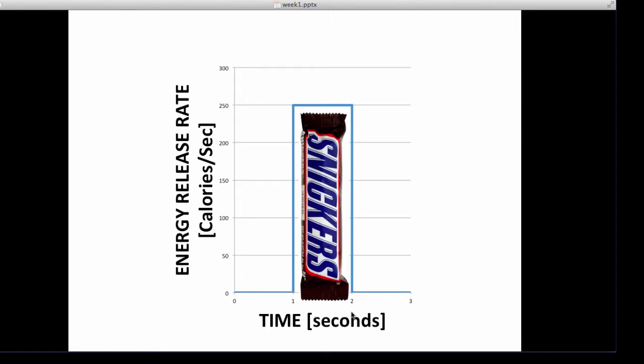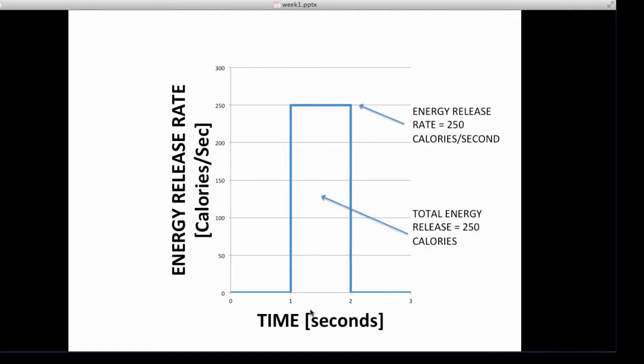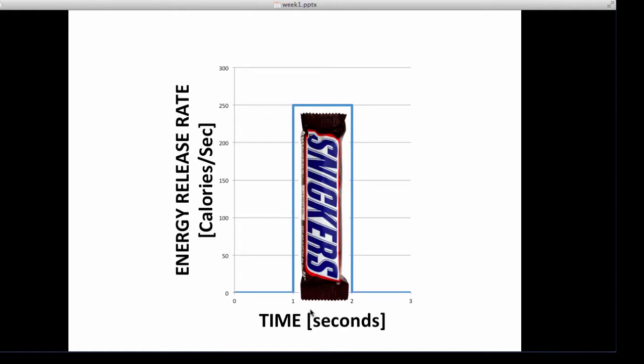If we have, say, a very greedy person who decides to eat this Snickers bar over the course of 1 second, then he's going to release, if you will, 250 calories from that Snickers bar over the course of the 1 second shown down here on the bottom. So I would say in this case that the energy release rate from eating the Snickers bar in one big bite is 250 calories per second.